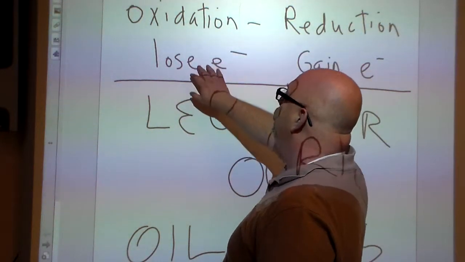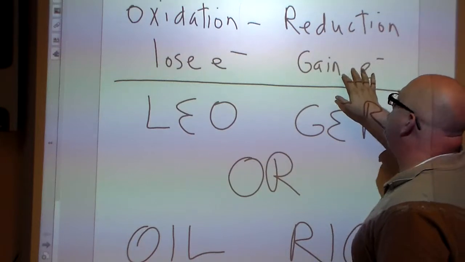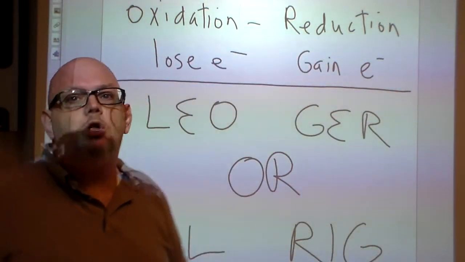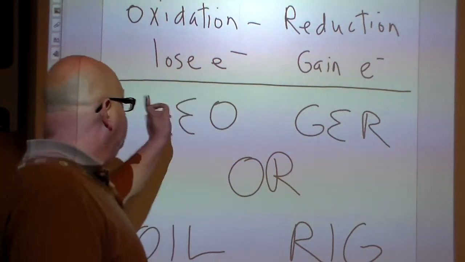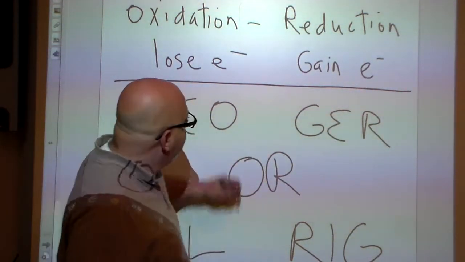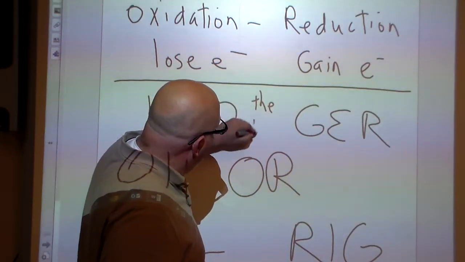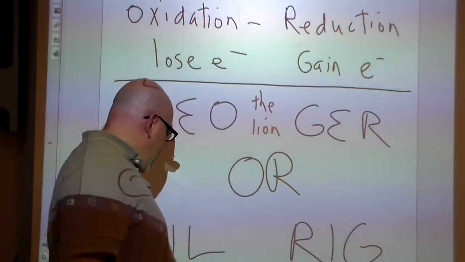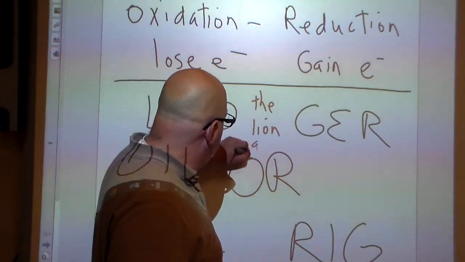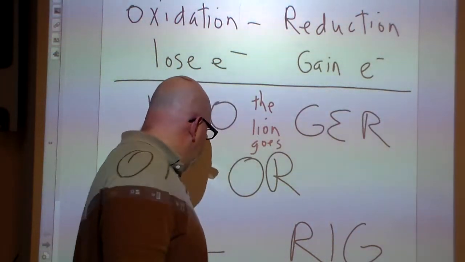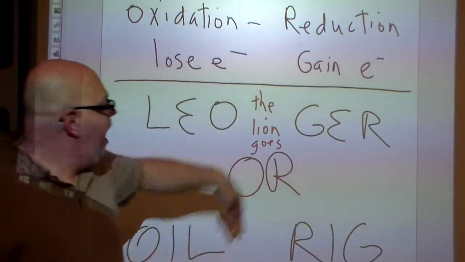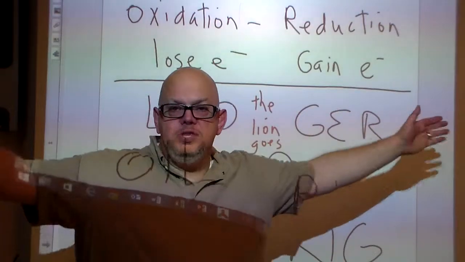So in oxidation, you lose electrons. Reduction, you gain electrons. Now there's a couple of ways to remember that. I call them mnemonics. One is Leo the lion goes grrr: losing electrons, oxidation; gaining electrons, reduction.